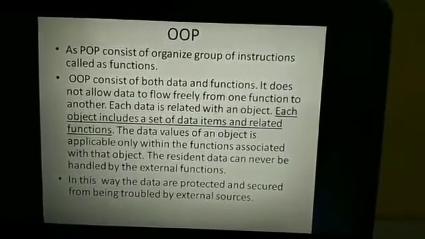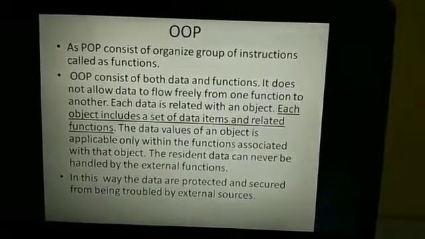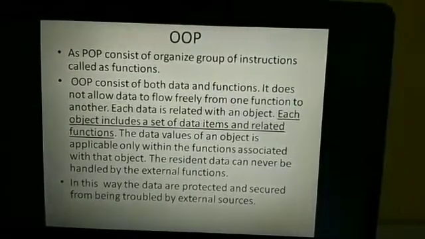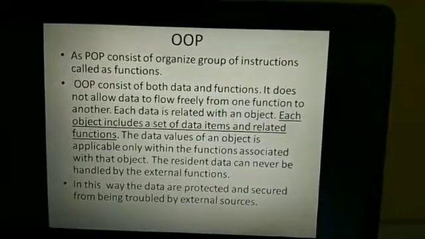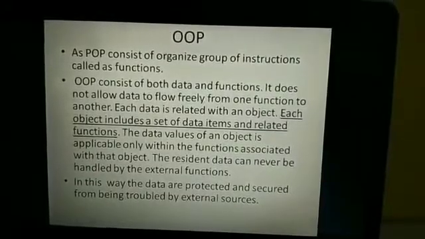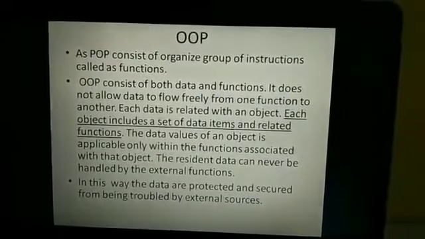It does not allow the data to flow freely from one function to another. So who is not allowing the data to flow freely? That is, the object oriented programming concept does not allow the data to flow freely from one function to another.